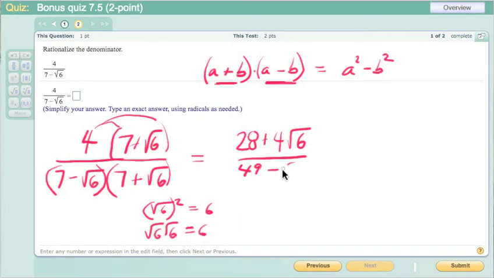So lo and behold, we get 6 down here. And notice the denominator no longer has an irrational number. It's completely rationalized. On top, we have 28 plus 4 radical 6. And on the bottom, we have 43. And nothing here will ever cancel because 43 is prime and can't be factored.